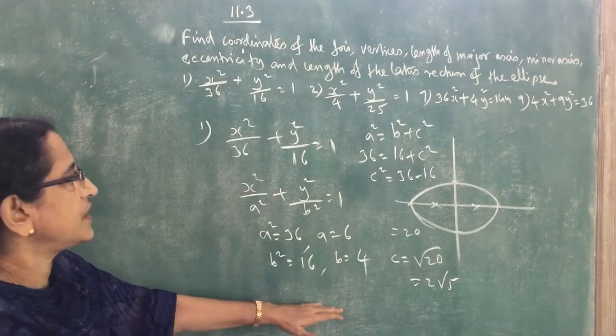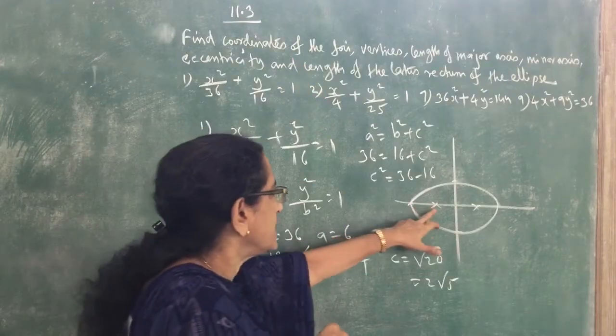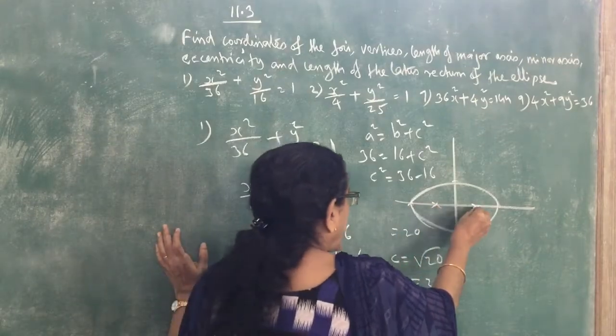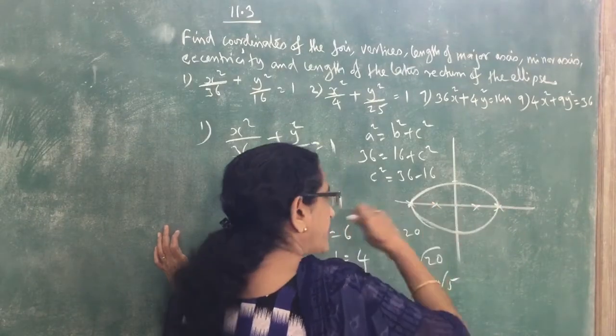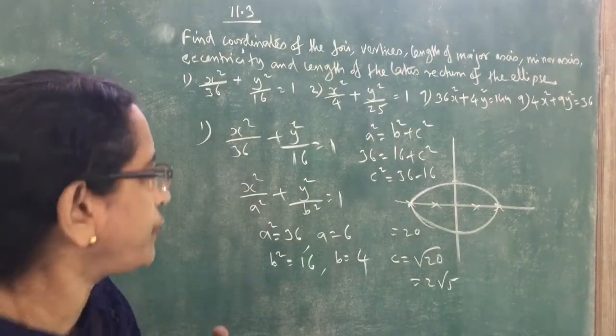So we got c. Now we can write all the things asked. The foci and vertices lie along the x-axis, so the y coordinate is 0 for these.